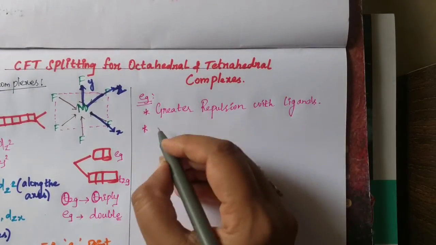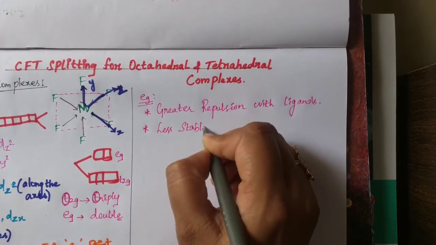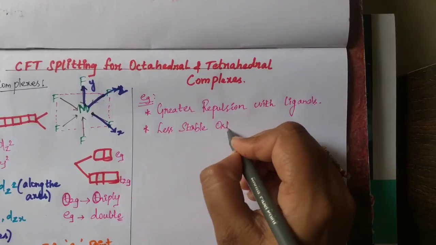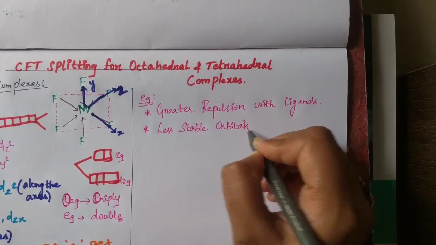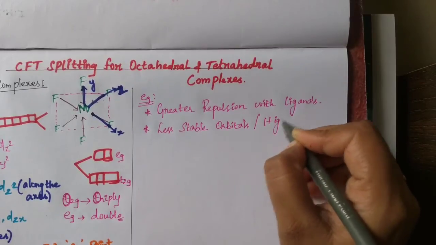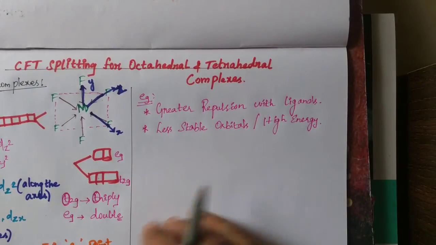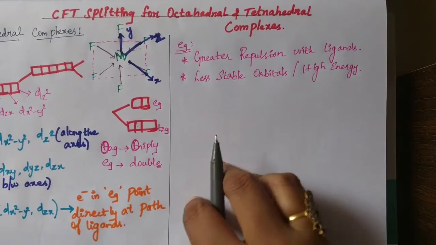When repulsion is more, what happens? They are less stable orbitals. When it is less stable, it leads to a high energy state. So it's moving up. Clear students?